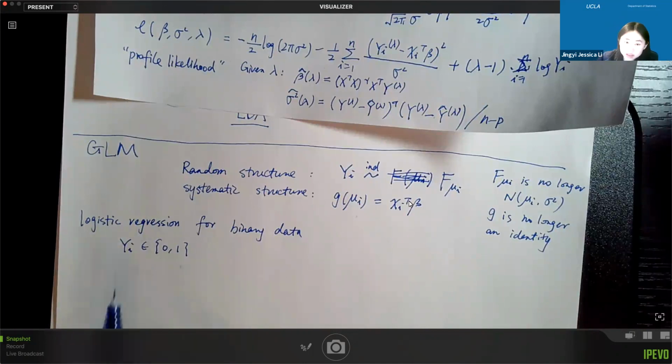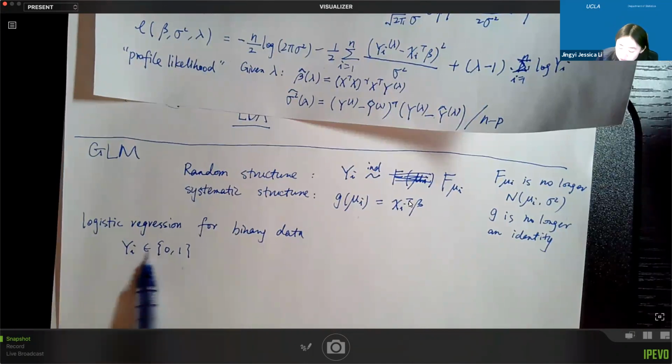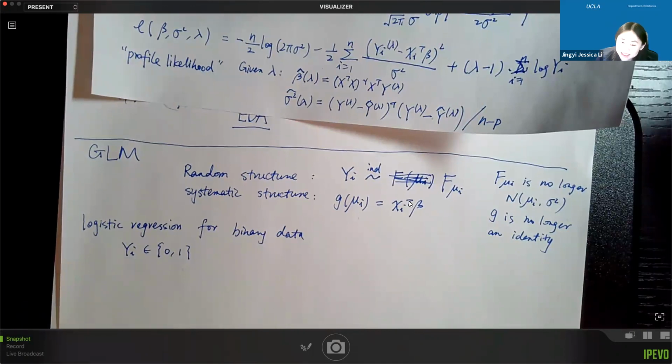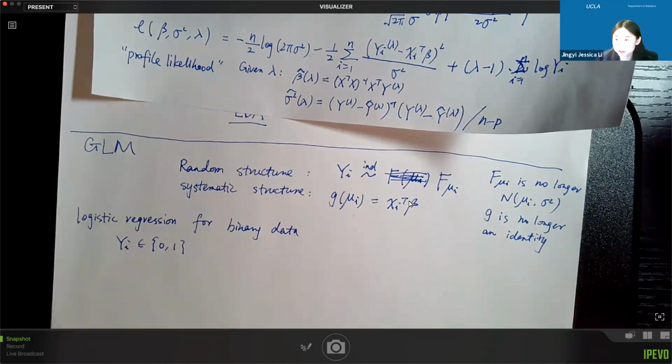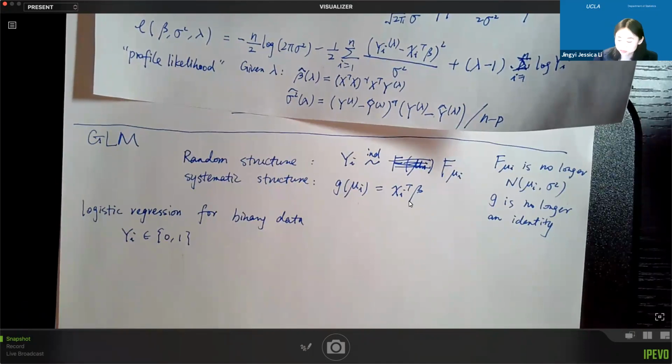Clearly, for those binary responses, we cannot assume a linear model anymore, because clearly these binary responses will not follow a normal distribution, right? That's not even a reasonable assumption. Then what distribution do we assume for binary data? There's only one distribution, Bernoulli. Bernoulli is the only distribution that can describe randomness in binary data.